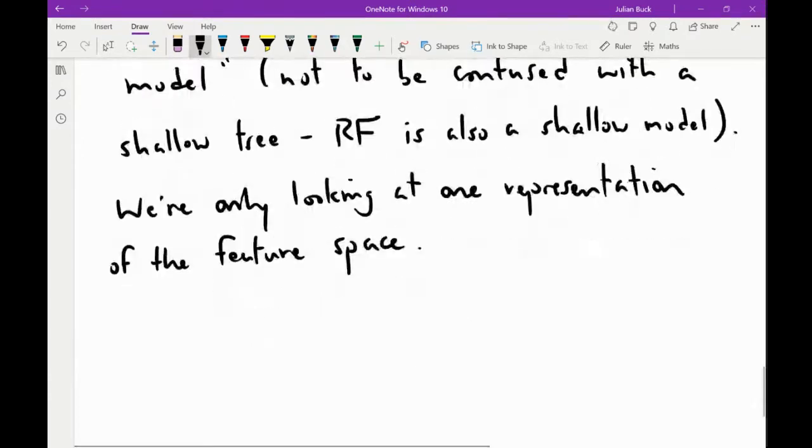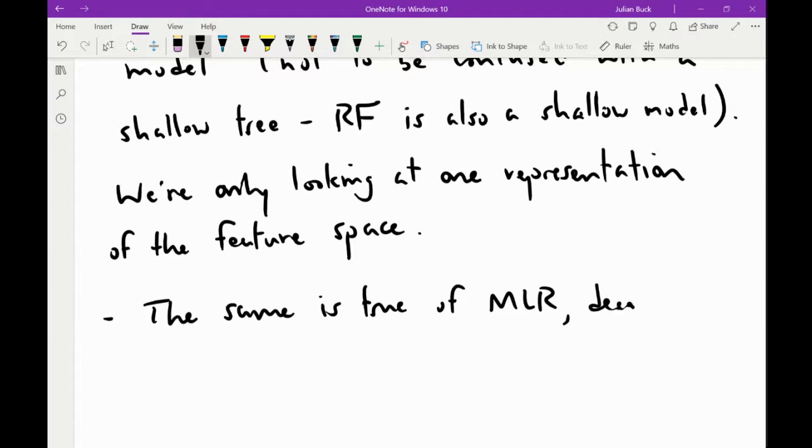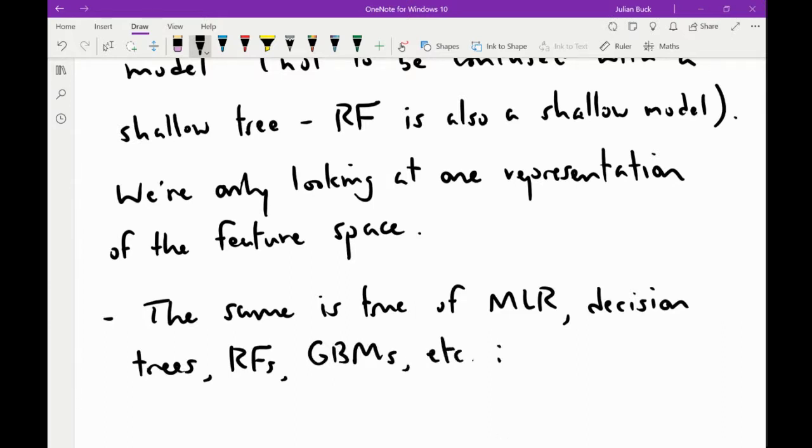I already mentioned random forest is also a shallow model, but let me point out the same is true of multiple linear regression, basic decision trees, whether they're deep or not, random forests, gradient boosting machines, etc. Basically everything we've talked about, everything you might have seen elsewhere, is shallow.